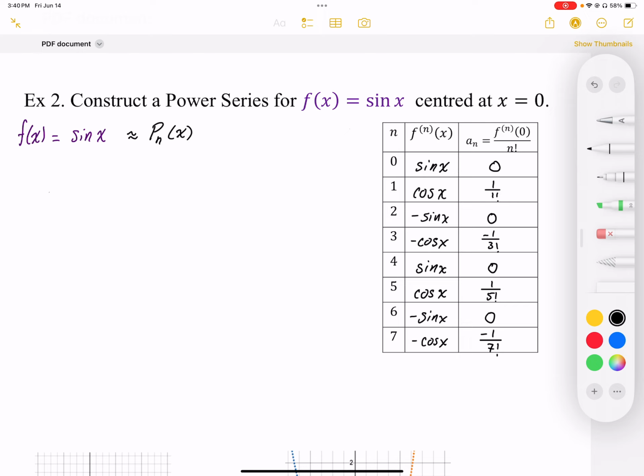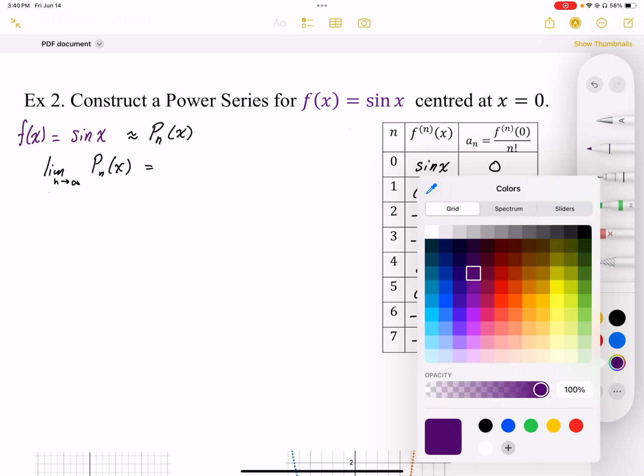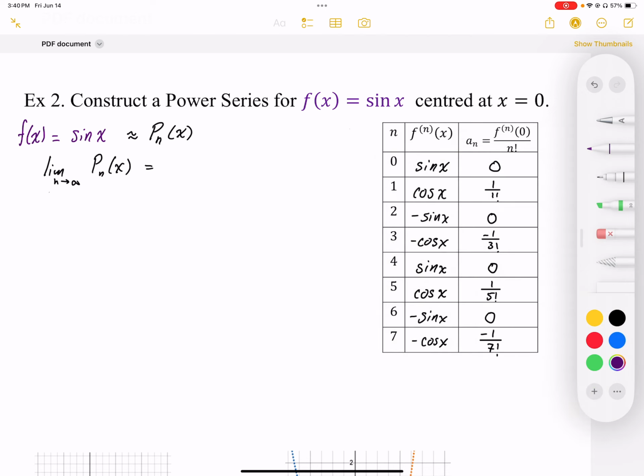And if I take the limit as n approaches infinity of p_n of x, we're going to say that it's going to equal our sine x function. So if we took a limit of infinite terms, that will be equivalent to sine x.